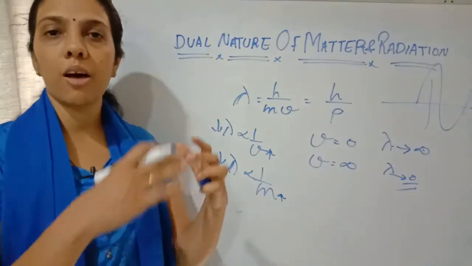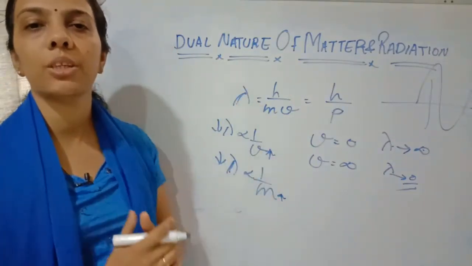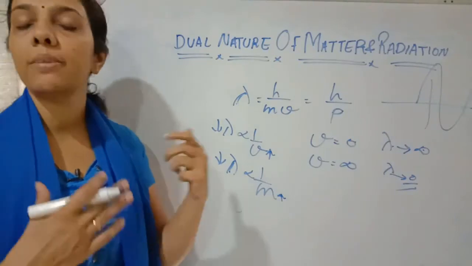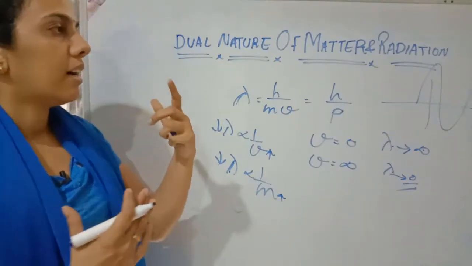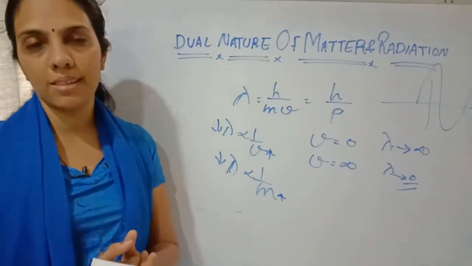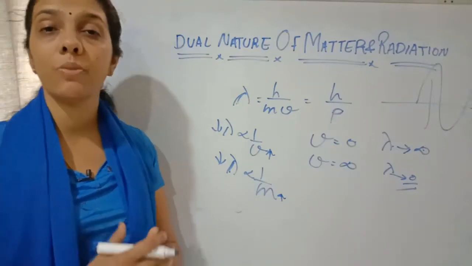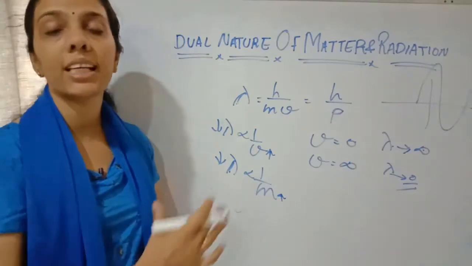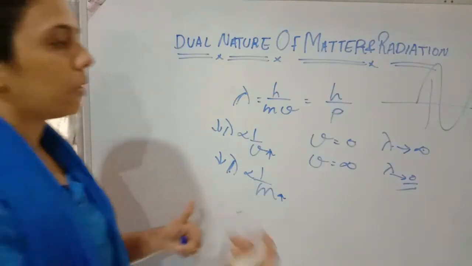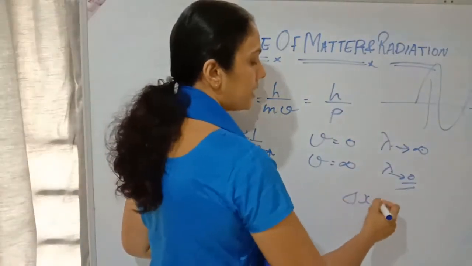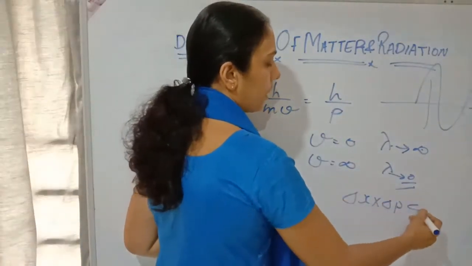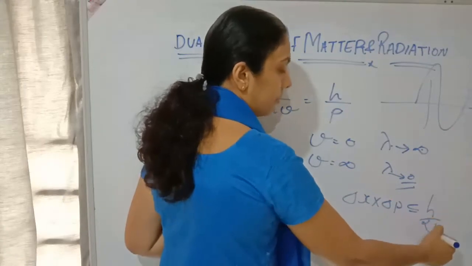So somewhere in this wavelength, in this position, the matter is present. Like that we can say. So it is the uncertainty principle. It is very difficult to find the exact position of the particle. Okay, so delta x into delta p is greater than or equal to h by 2 pi.